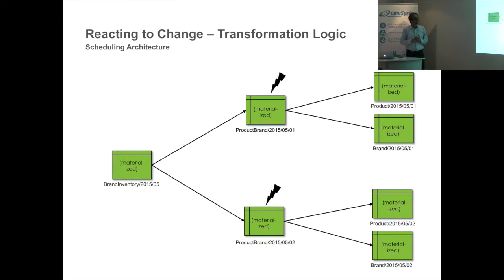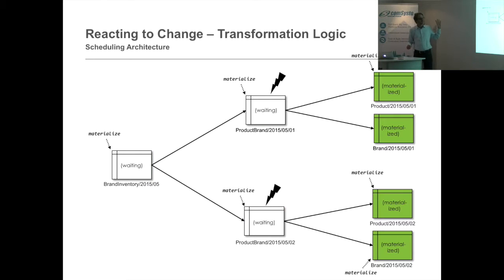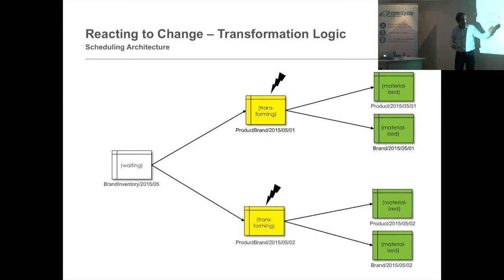So what happens if we have a change in some kind of transformation logic? So let's say the query that fills this table has some other join condition or so. Then it would go like this. If I tell our main table to materialize, again I send the message here, then it's being sent down the road, down to the leaves, it goes up again, and when we get back here, because the tool compares the checksum in the meta store to its current checksum, it knows that the query which fills the table has changed, and it knows that it has to run the query again because the data will be a bit different.